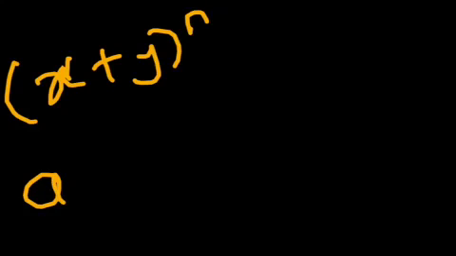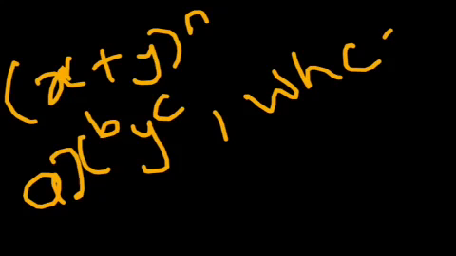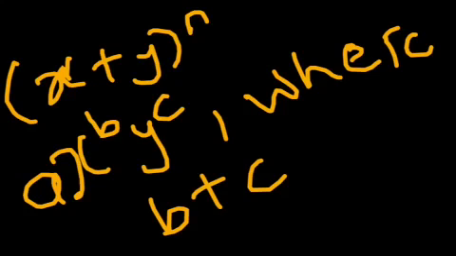Now, what is the binomial theorem? The binomial theorem basically says that it's possible to expand (x plus y) to the power of n to give you a x to the power of b, y to the power of c, where b plus c is equal to n.